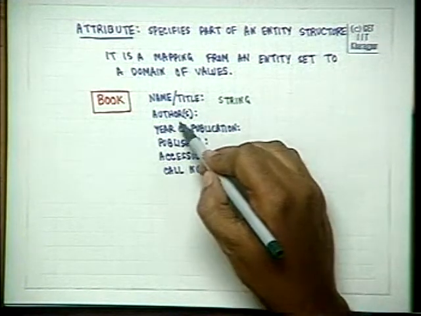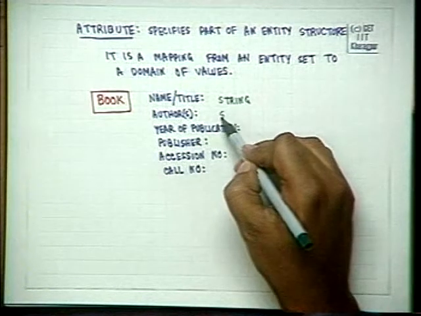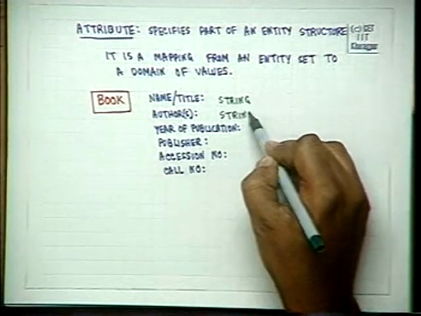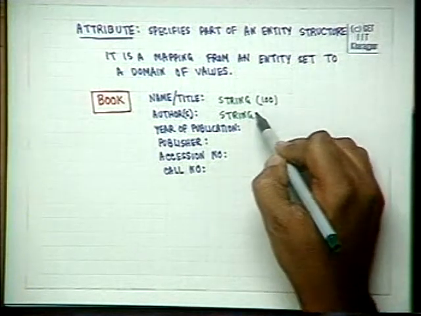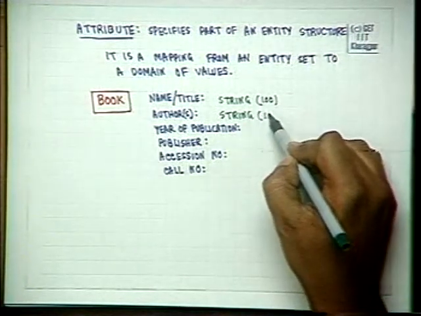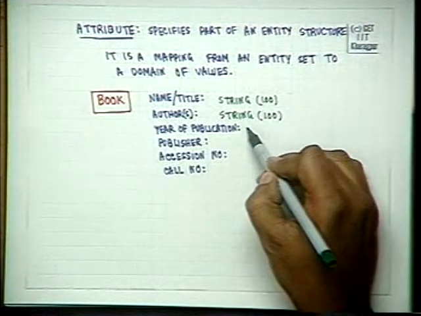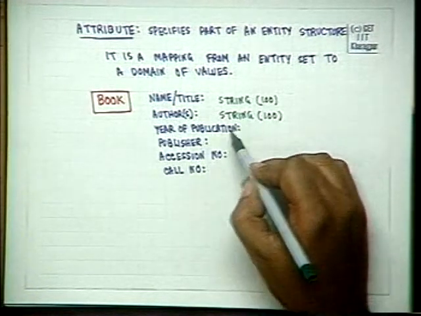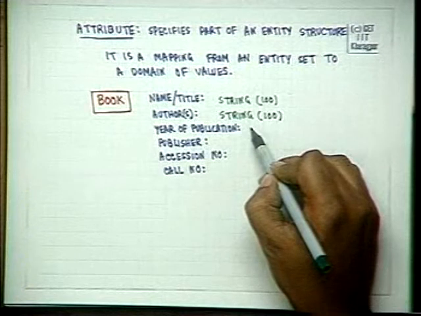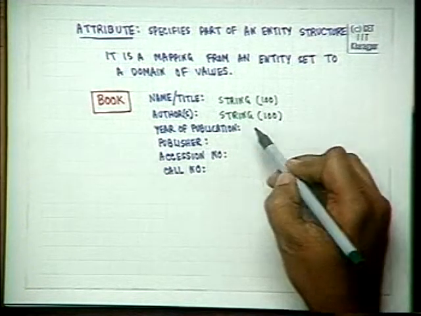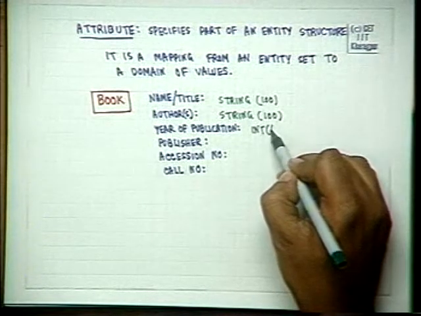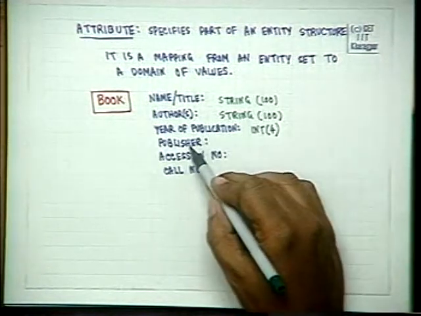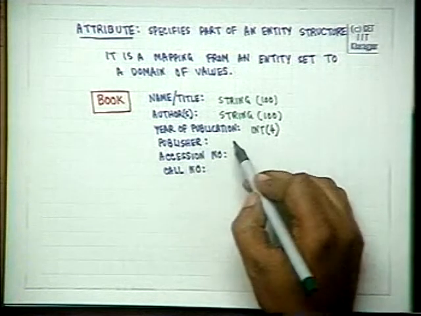This is a mapping from the entity set book to another string, and this string may have a particular size, an alphanumeric string. This will be a mapping to an integer of size 4. Okay, so, integer of size 4. This may again be a mapping to a string.